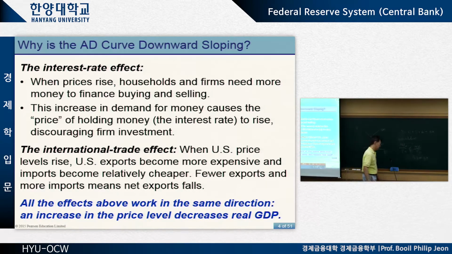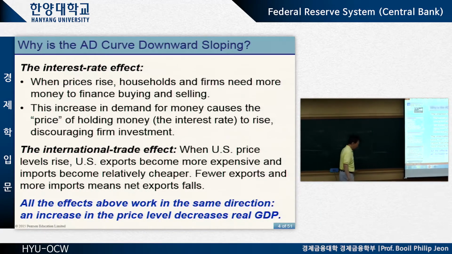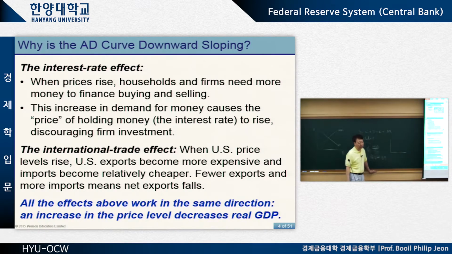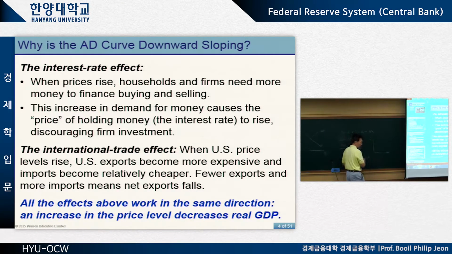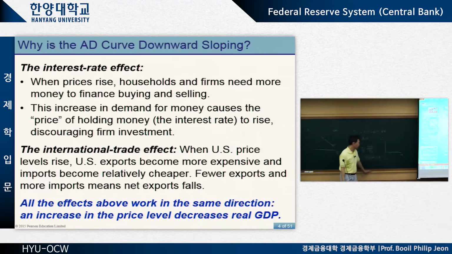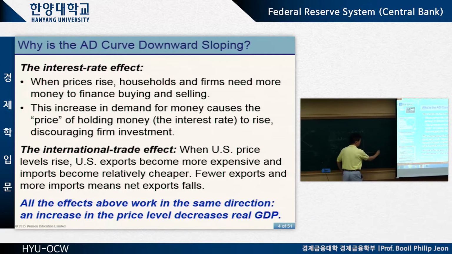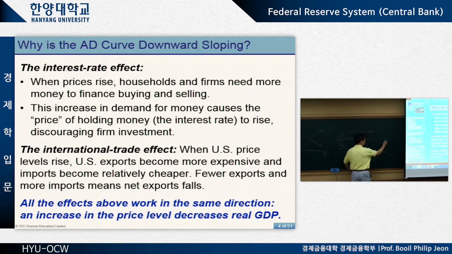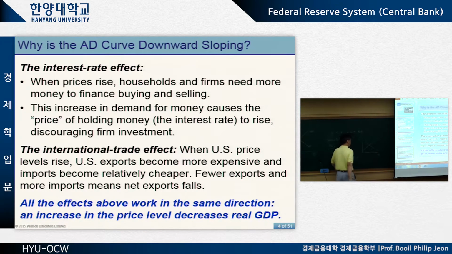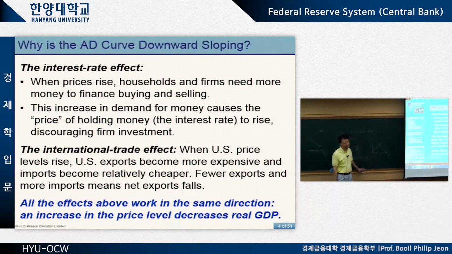So think about the money market, or the market for loanable funds. We talked about this last class, right? With the interest rate and the amount of loanable funds, there is the demand for loanable funds and the supply of loanable funds. Who are the suppliers of funds to the money market?